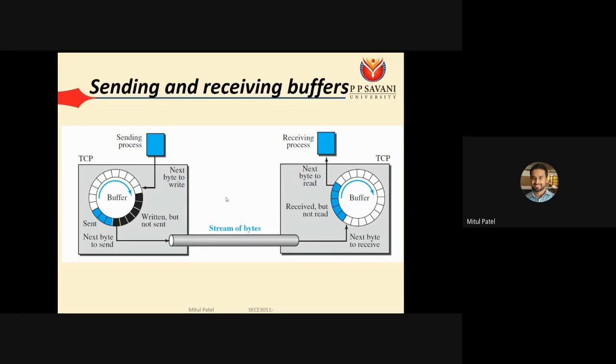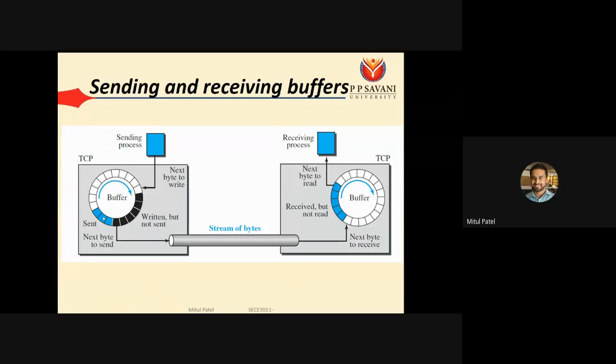This buffer can be divided into three parts: the white color, the blue color, and the black color. The white color indicates the locations in which the sending process can store the next byte. The blue indicates the bytes that are already sent, but we have not yet got the acknowledgement.